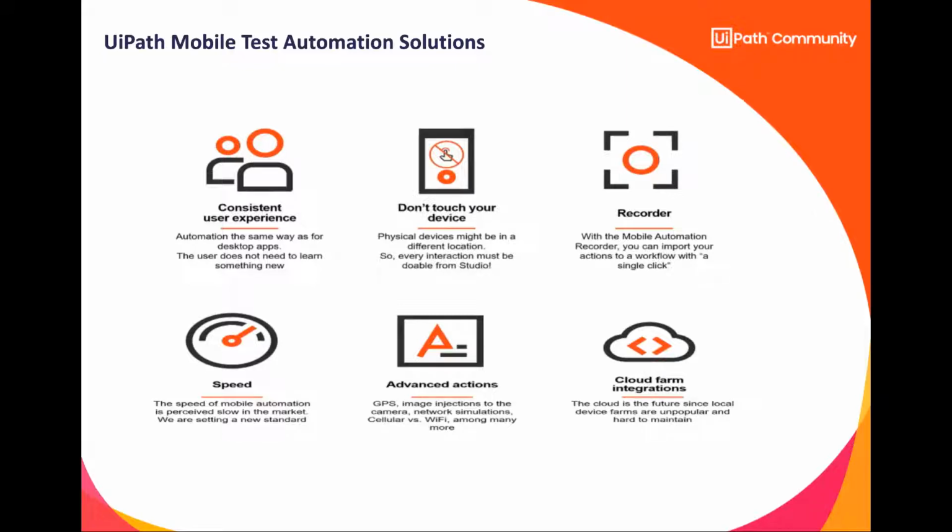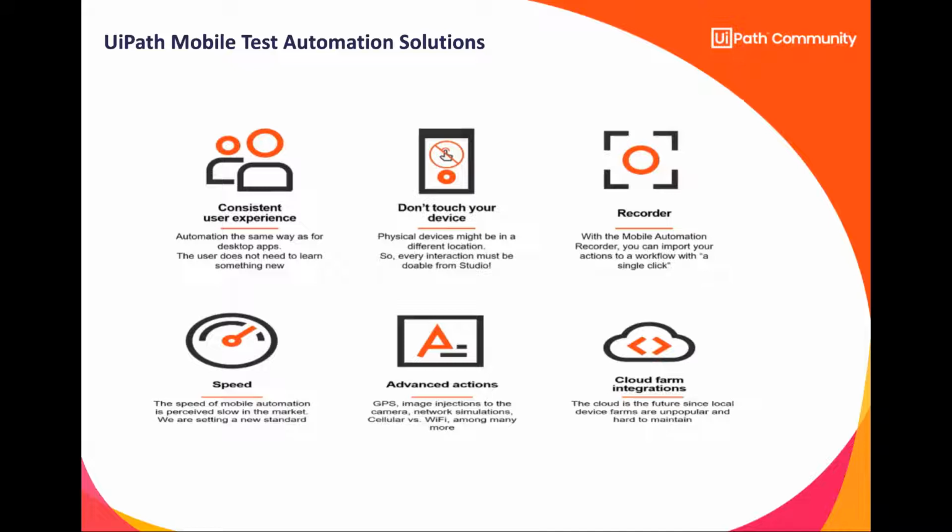Don't touch your device. Yes. So here we can connect with the physical devices, and we'll get all the controls. So let's say you have a simulator, you have cloud devices for the mobile, or you have your real device which you have connected through the mobile device manager in UiPath, right? So you will get all the controls, right? Sometimes while doing the automation, we need to control something from our actual mobile devices.